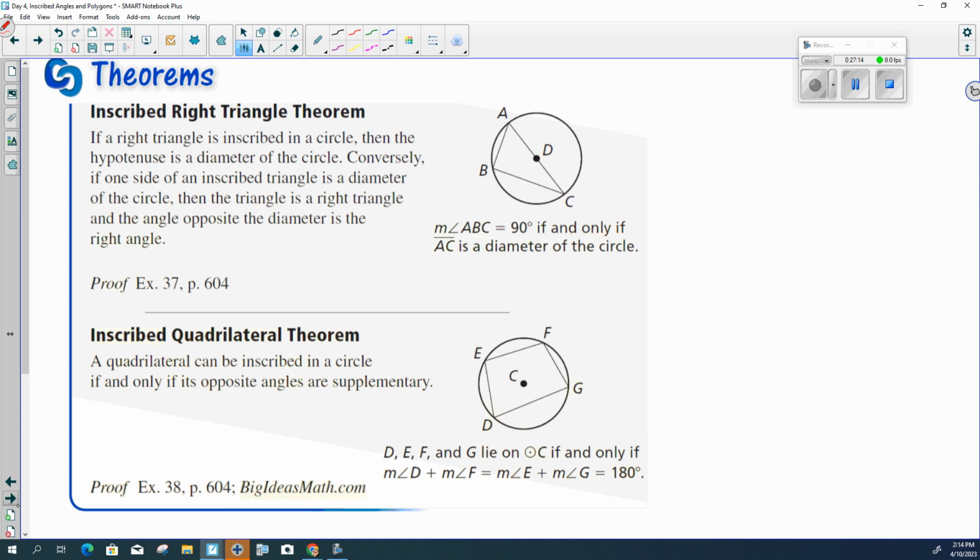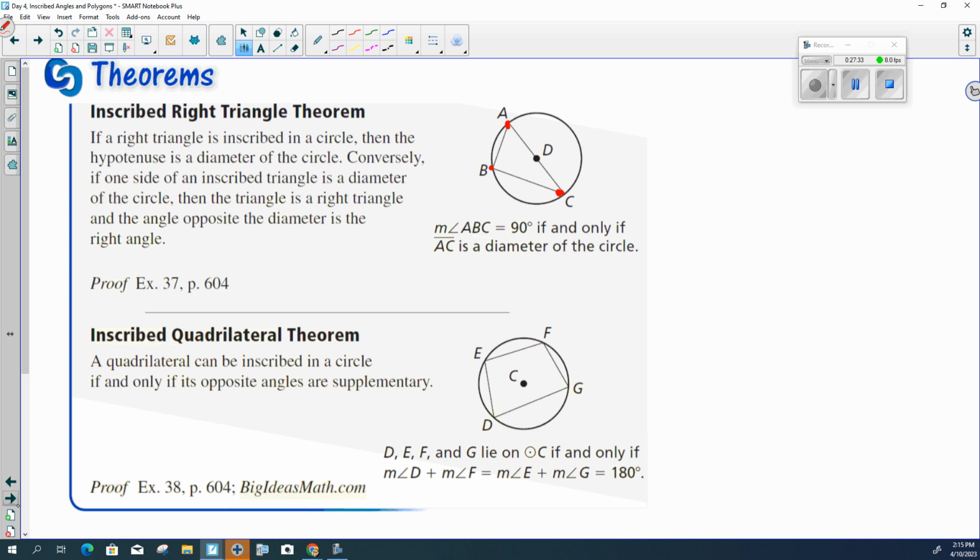The word inscribed triangle means that all 3 points of the triangle are on the circle. So that word inscribed means that all 3 of the vertices are touching the circle.